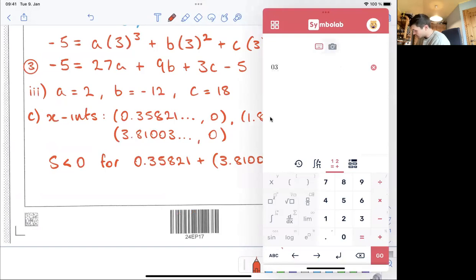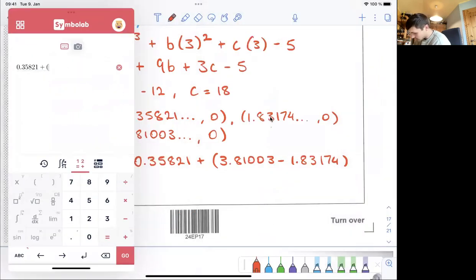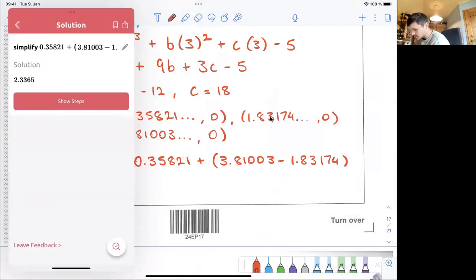All right, and then now let's put that into here, and so let's go 0.35821 plus the brackets 3.81003 subtract 1.83174 close bracket equals, and that gives me an answer of 2.3365 years.